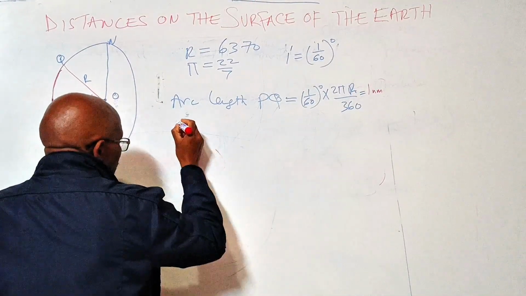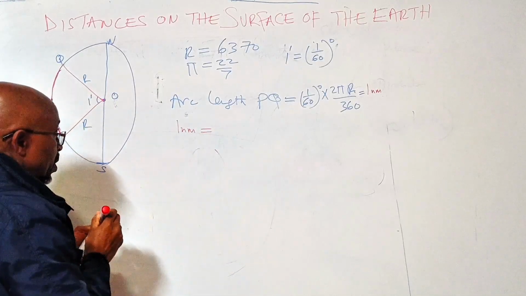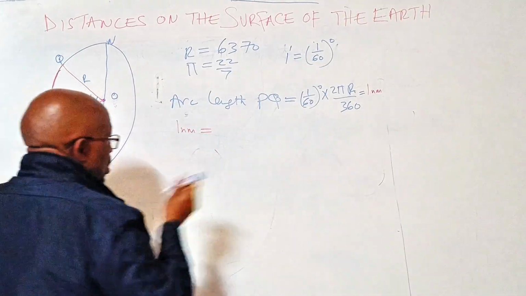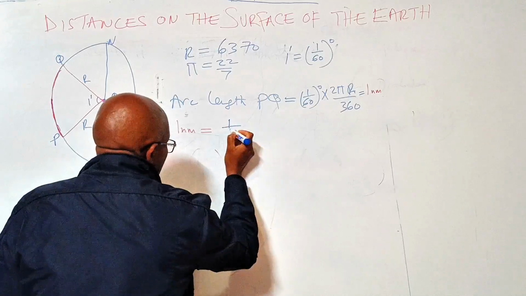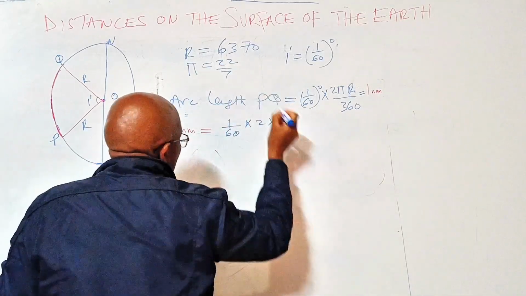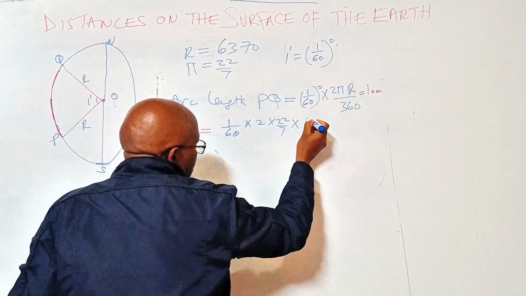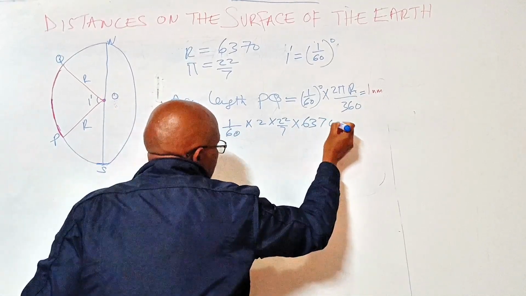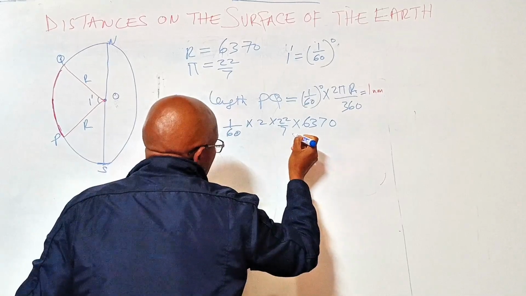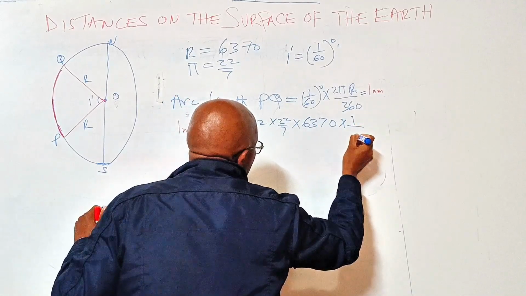So 1 nautical mile will be equal to 1 all over 60 times 2 times 22 over 7 times 6370 times 1 all over 360.